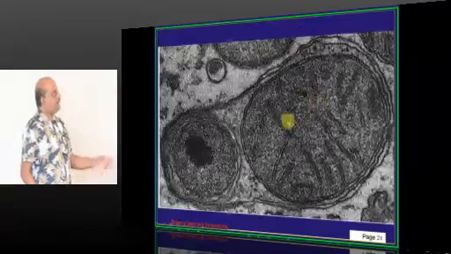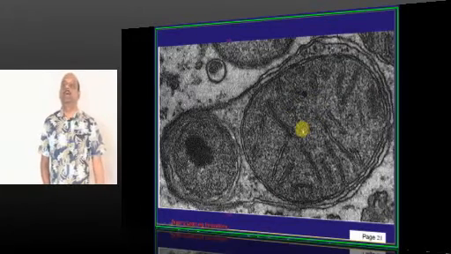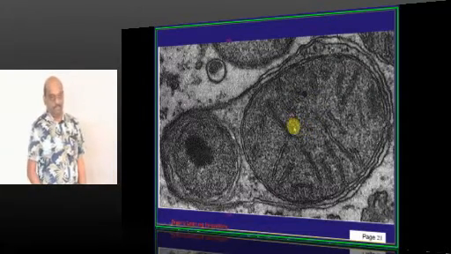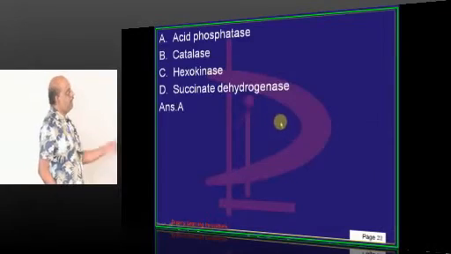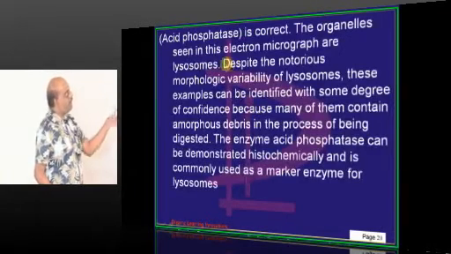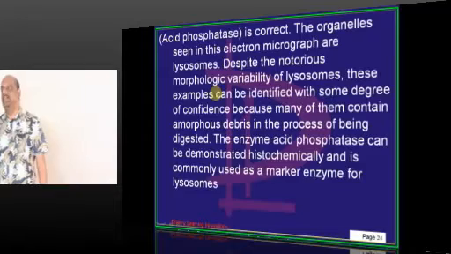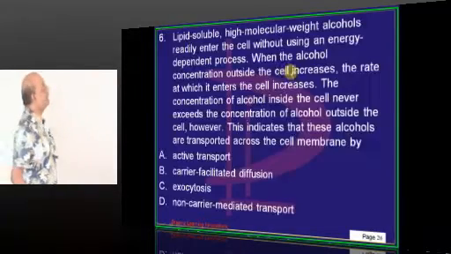Now you have been shown an electron microscopic organelle which is basically a lysosome. A lysosome typically has got acid phosphatase as its important biochemical enzyme marker.